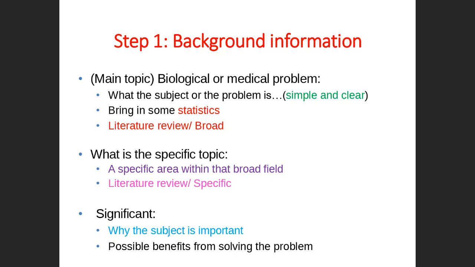Also, you have to mention something about the significance of your research. So while the subject is very important, you should mention some statistics about death or about the affected group, etc. Also, you have to highlight the possible benefit from solving this issue.